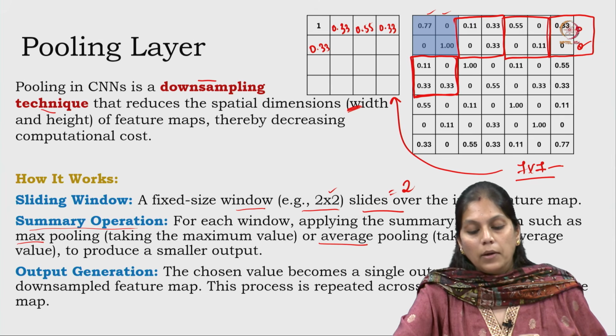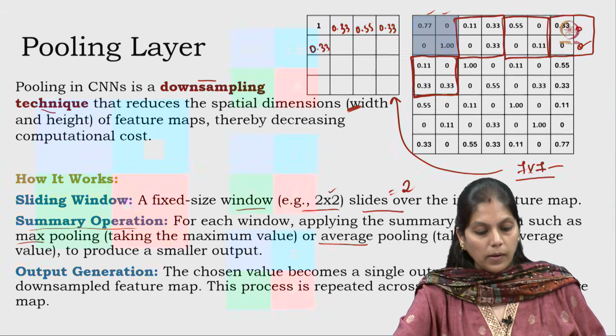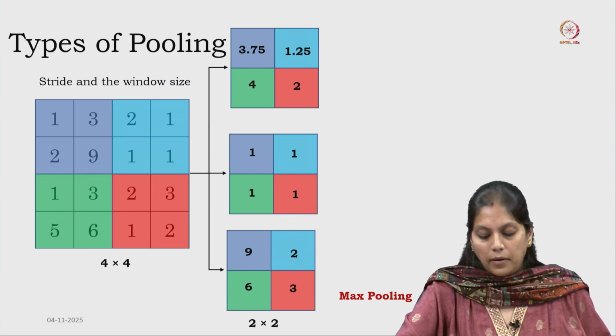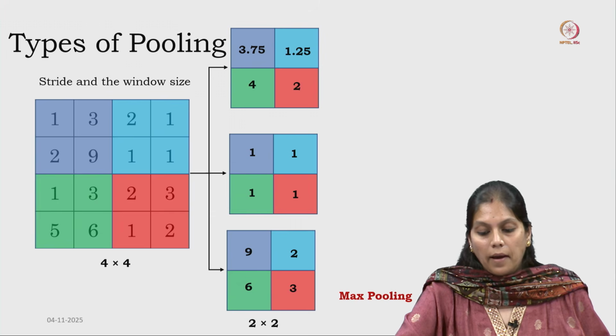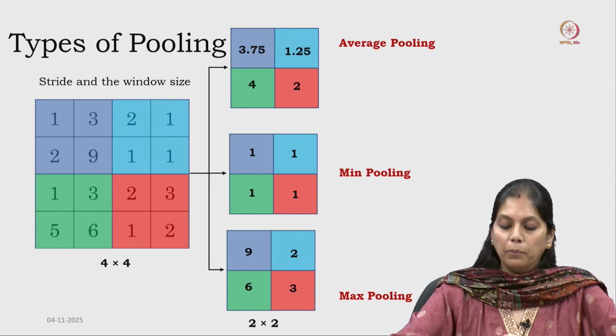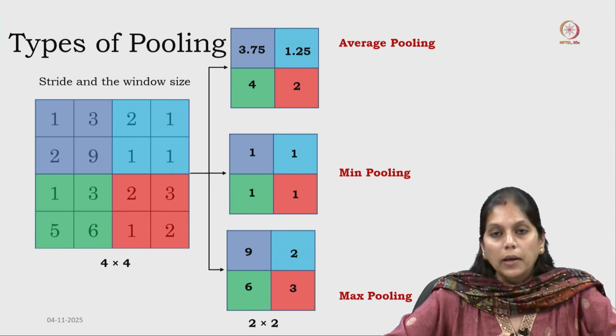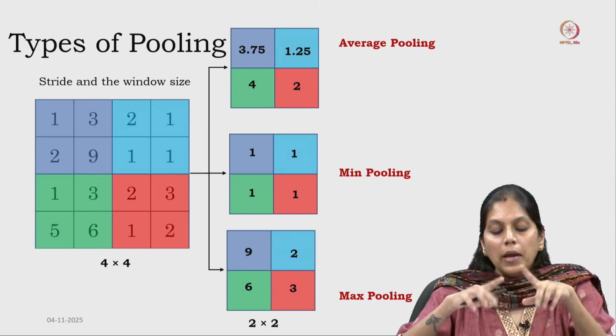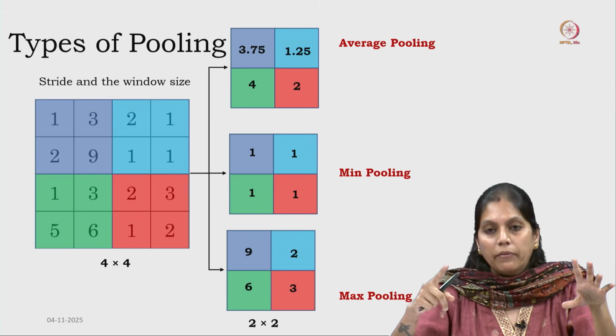Let us understand the role of pooling here. We have 3 different types of pooling: max pooling, average pooling, and minimum pooling, min pooling. What is max pooling? When you define a window size, you have some values there. In that, what is the maximum value?